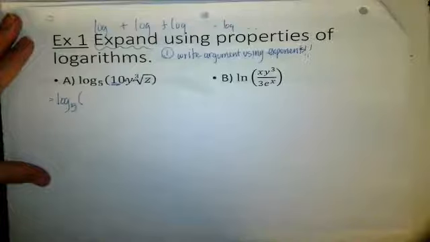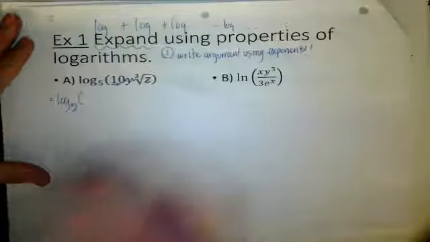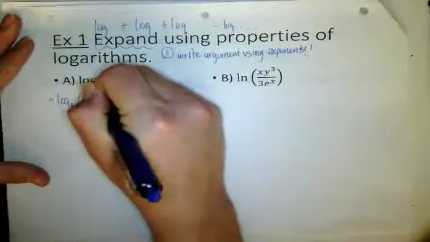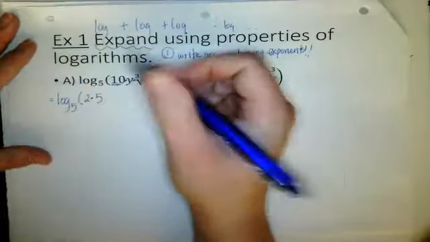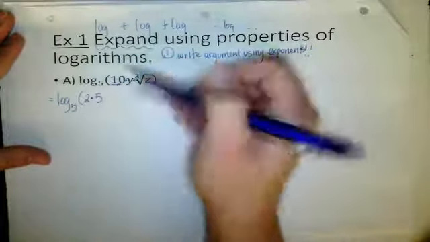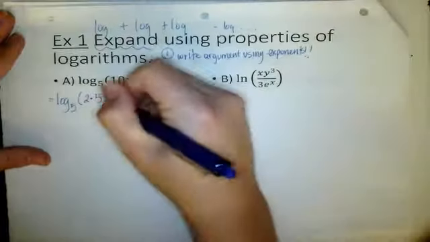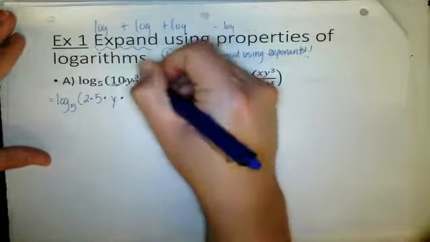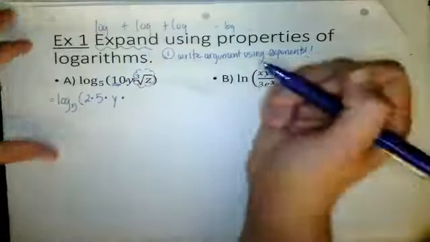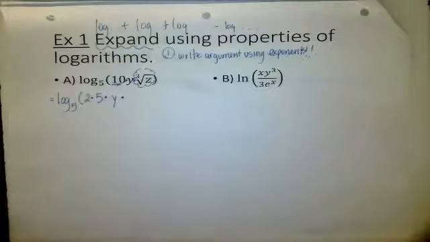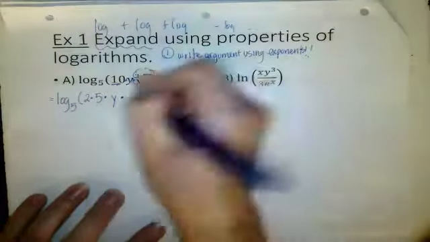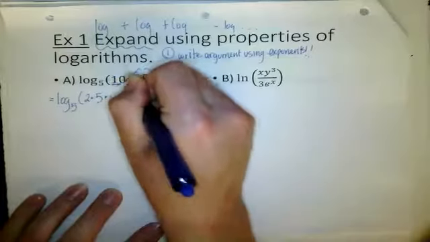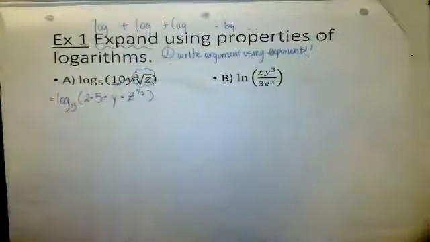What times what is 10? 2 times 5, yeah. So I can write that as a product. I can think about it as 2 to the first and 5 to the first. Then I have times my y. And this is the important part. You cannot have radicals. So I need to trade out that cube root of z and replace it using an exponent. That's going to be z to what power? 1/3. Very good. So now I've written everything as a product.